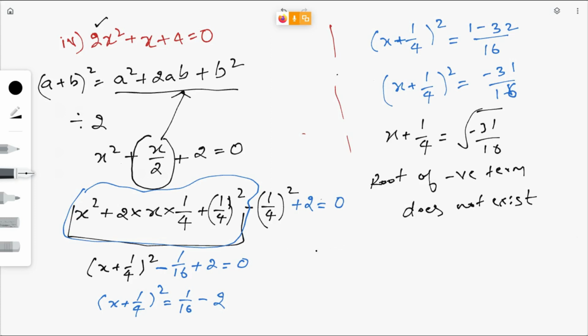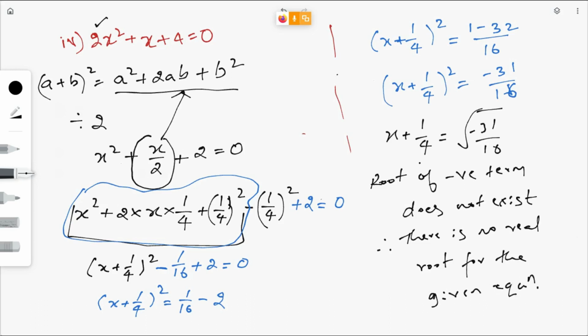Okay, therefore there is no real root for the given equation. Okay. If you get root of some negative number, you need to stop there itself, because it can't be solved further. You can't solve this one further. So write this sentence: root of negative term does not exist, therefore there is no real root for the given equation.